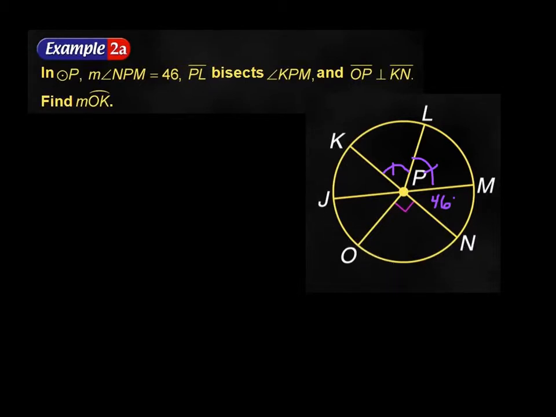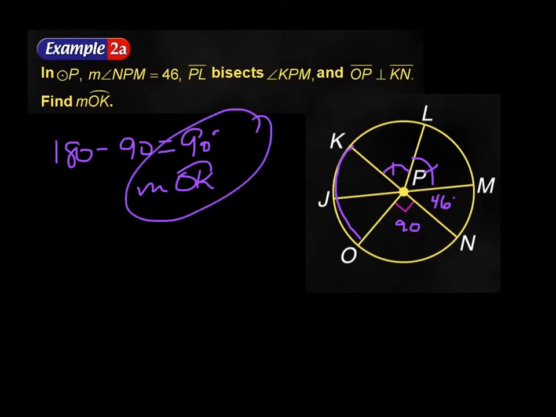If we already know this is 90, all I have to do to find OK is take 180 minus 90, and I get 90 for the measure of arc OK, because the measure of the central angle is the same as the measure of the arc.